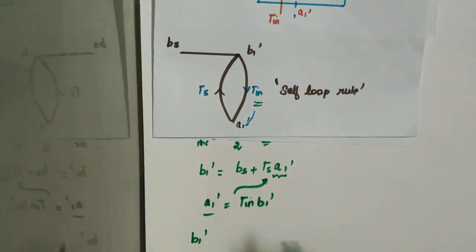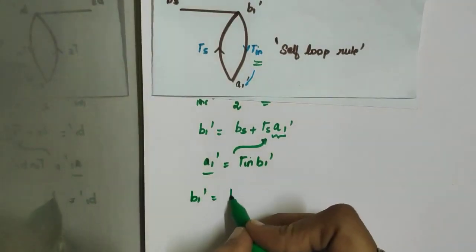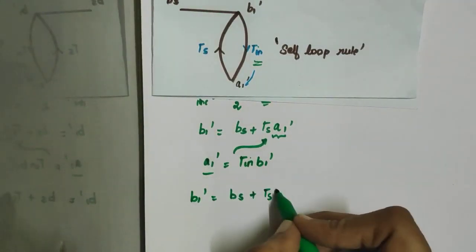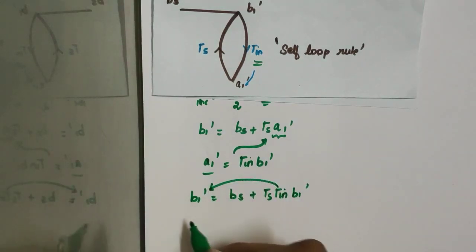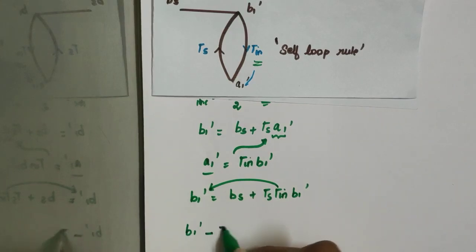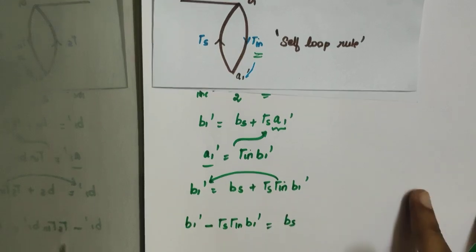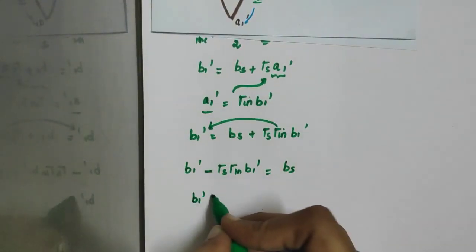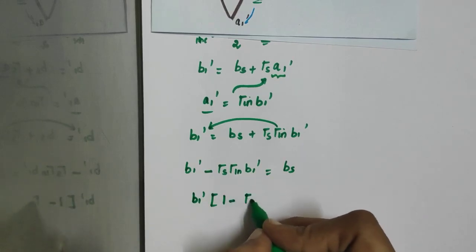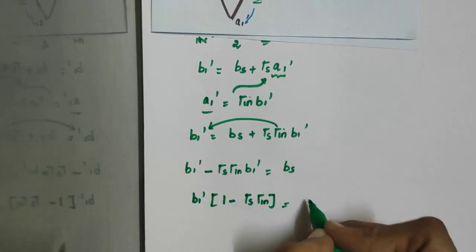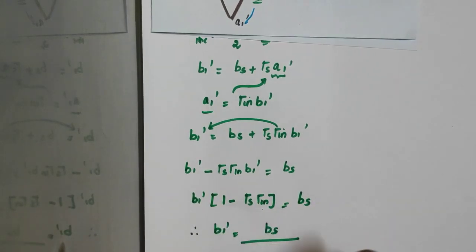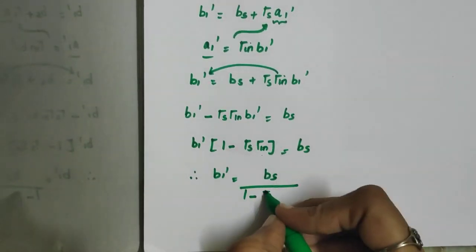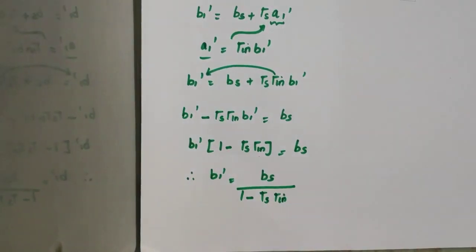So B1 dash is equal to Bs plus tau s into tau in into B1 dash. Bring all B1 dash terms to one side. So B1 dash minus tau s tau in B1 dash is equal to Bs. Take B1 dash commonly outside. So B1 dash into 1 minus tau s into tau in is equal to Bs. Therefore we get B1 dash to be Bs divided by 1 minus tau s into tau in.